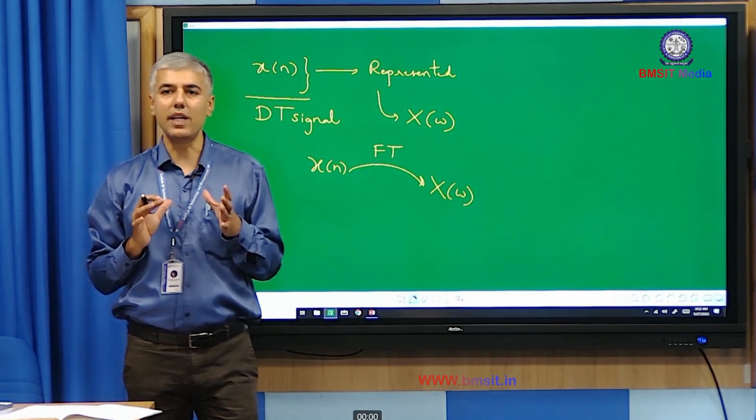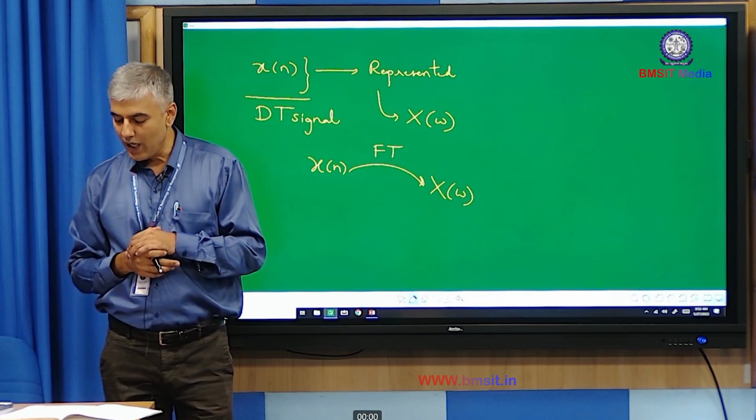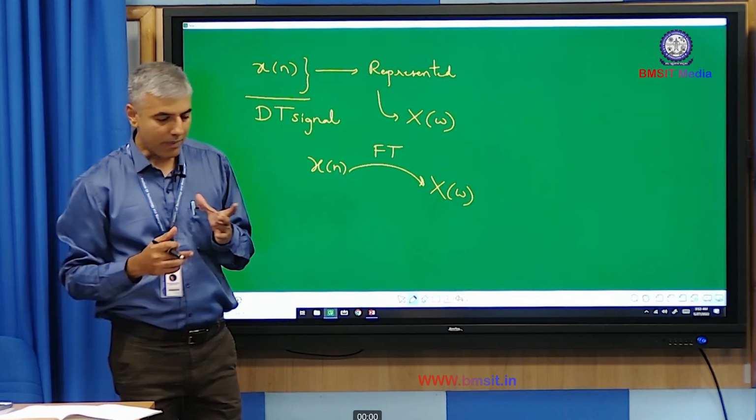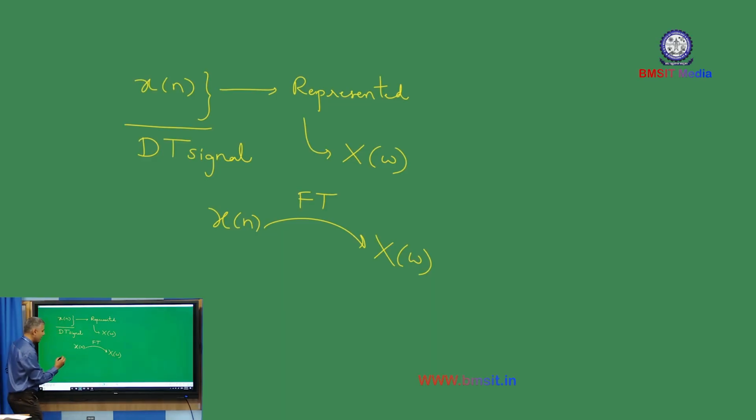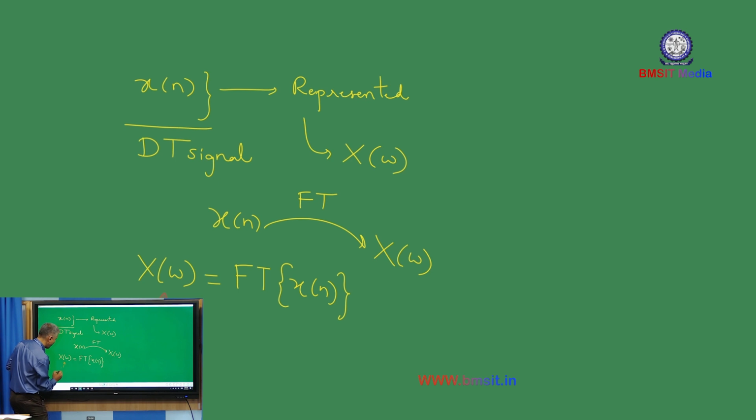So, x of n to X of omega will be done through this Fourier transform, but observe, the same thing can be represented as the Fourier transform of x of n will be X of omega.